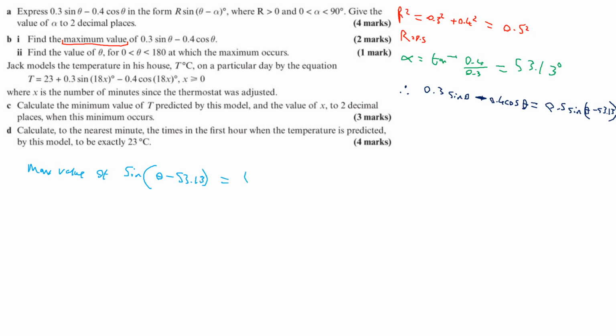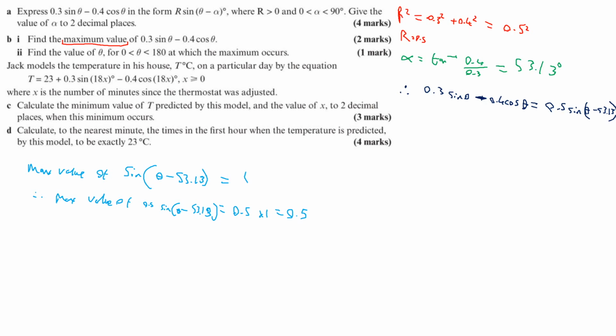Exactly, it's 1. And so therefore, the max value of 0.5 sine (theta minus 53.13) is equal to 0.5 times 1, which is just 0.5. Okay?